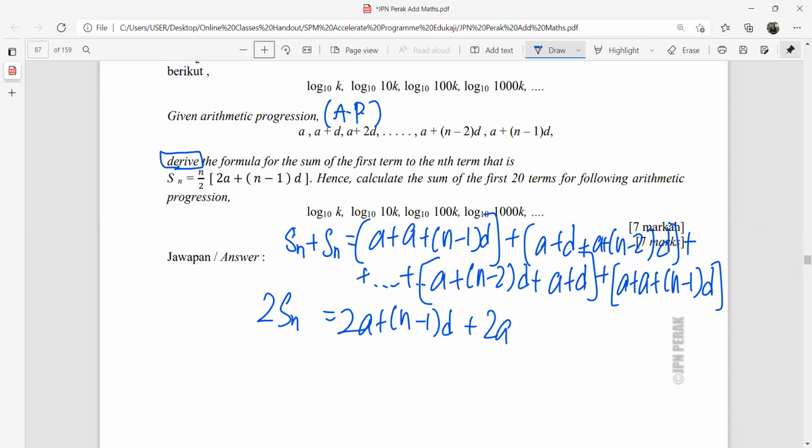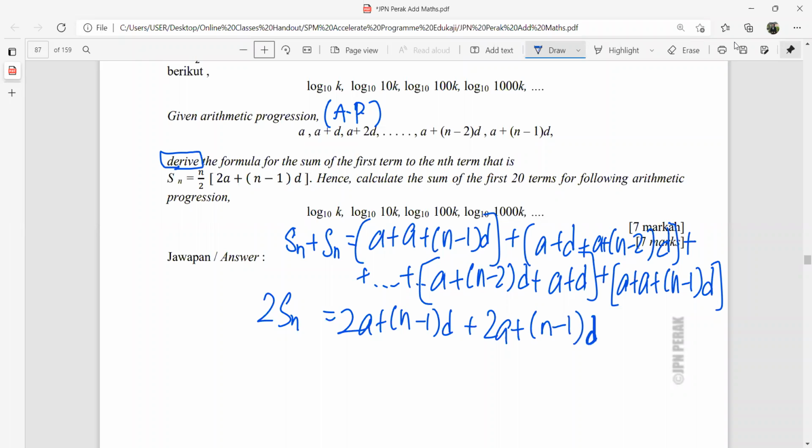Right. So can you see the pattern? That means a plus a is 2a, a plus a is 2a, and then this one is n minus.